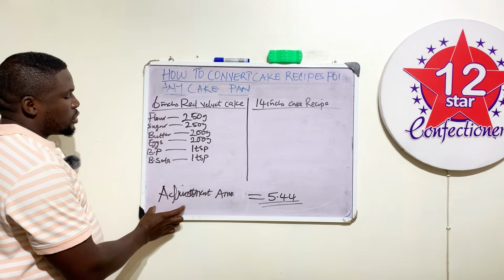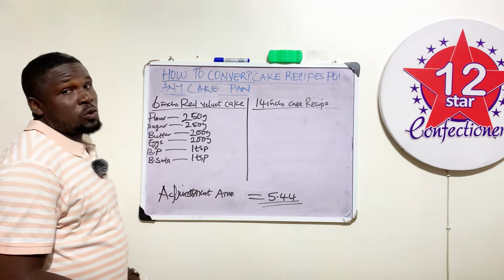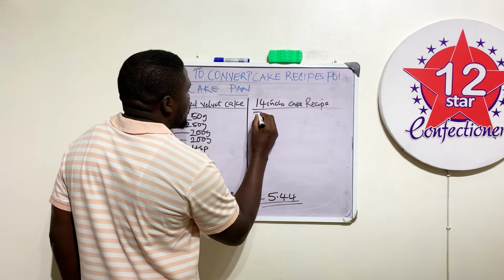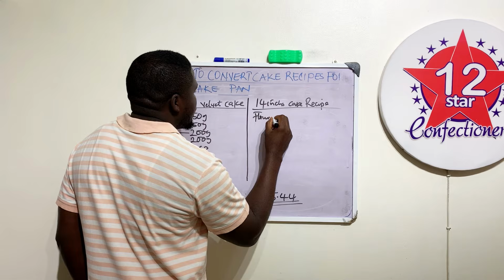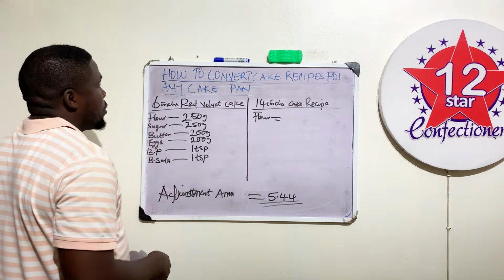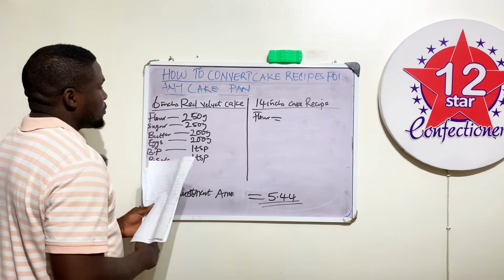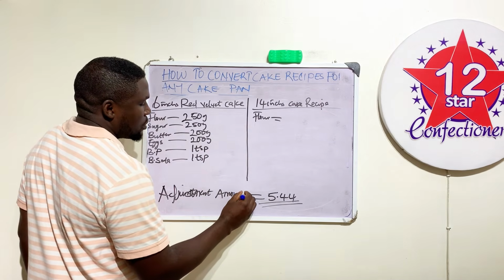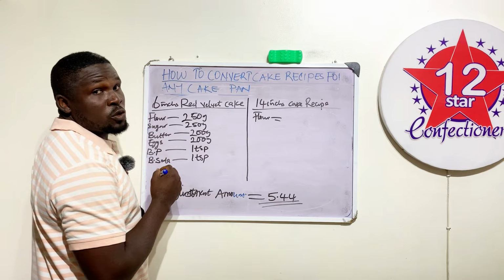We already got our adjustment number to be 5.44. So for us to get the flour for our 14 inches, we now multiply by our adjustment amount, which is 5.44.